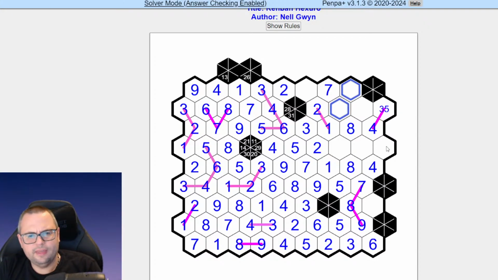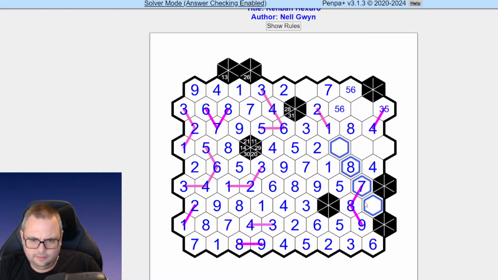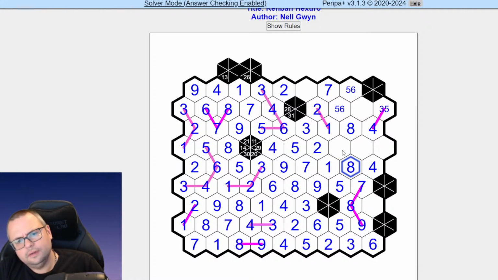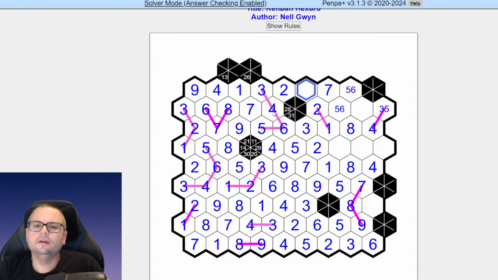I'm trying to decide if either of these sees a 5 or a 6. I don't think they do. Okay, it is. These are also... This is also from 5, 6, because it sees the 8.